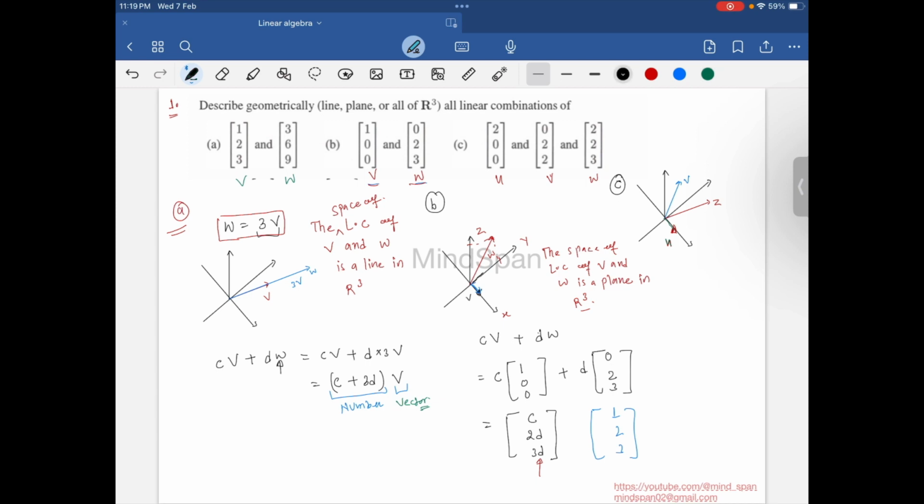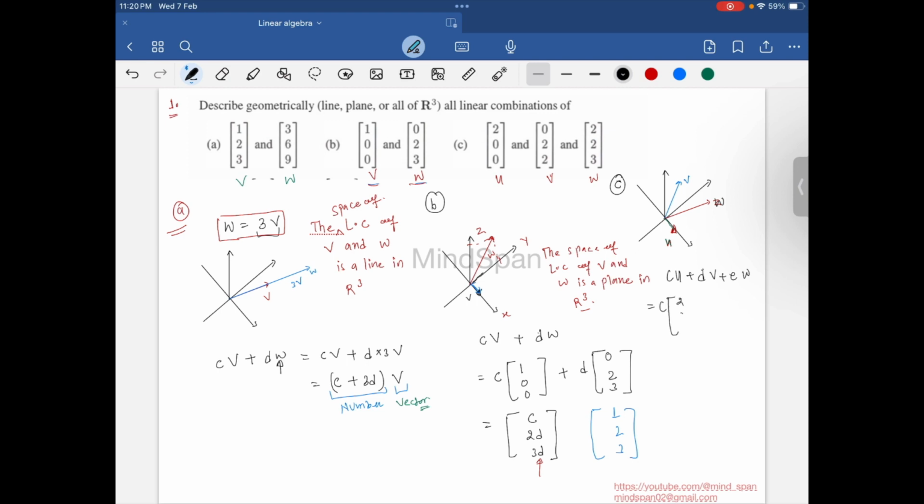And what will be the linear combination? You will simply multiply a scalar with u, with v and with w. So you are going to do c times u, d times v and e times w, and you are going to add those, and you will say this is the linear combination of the vectors u, v and w.